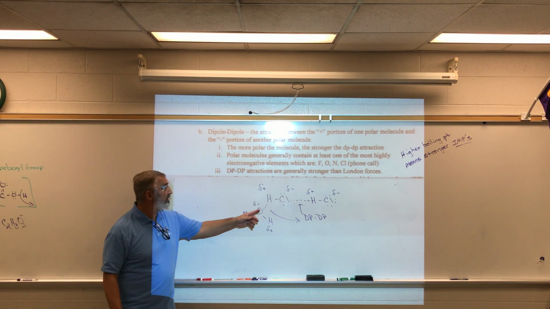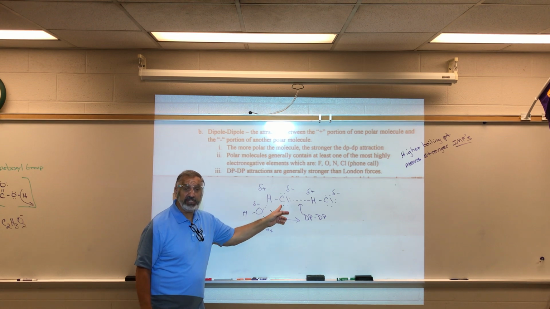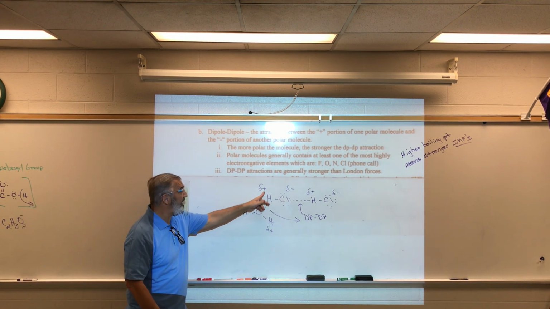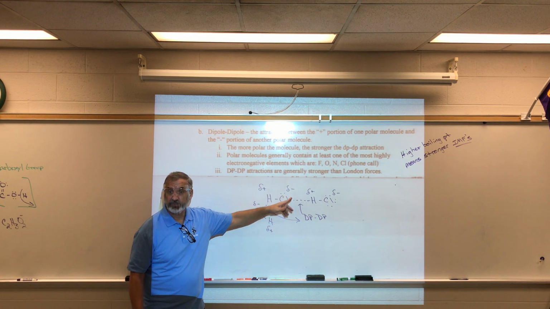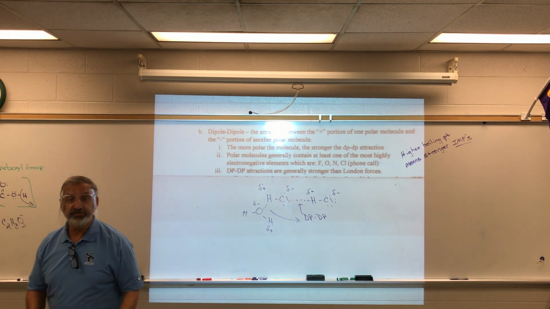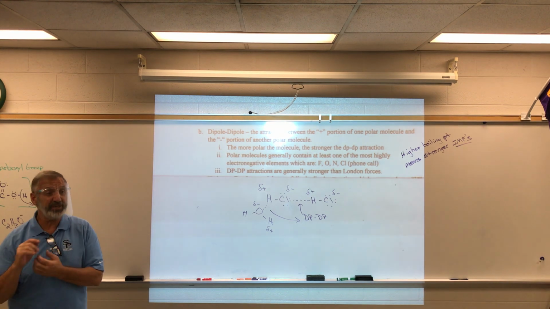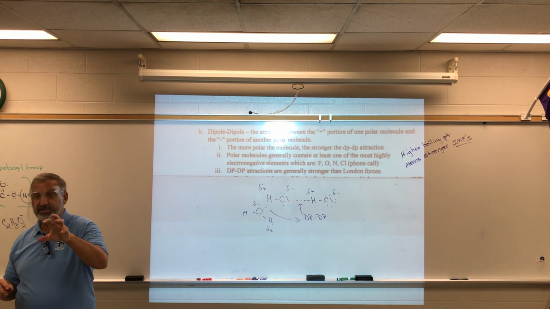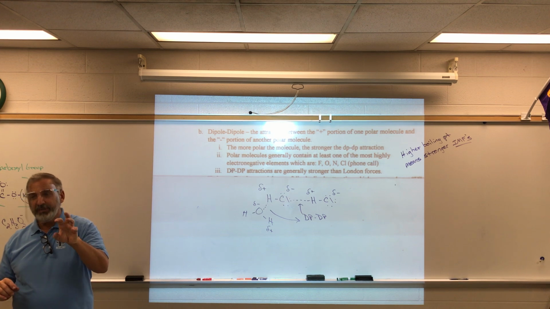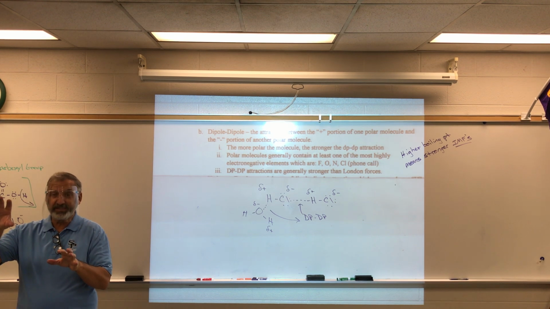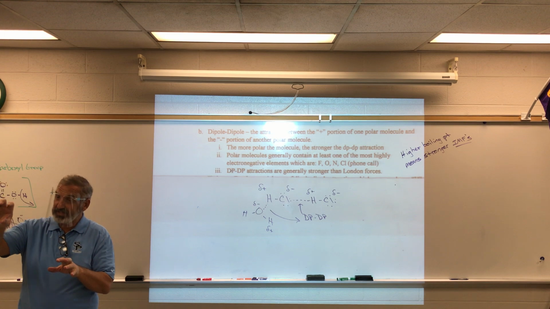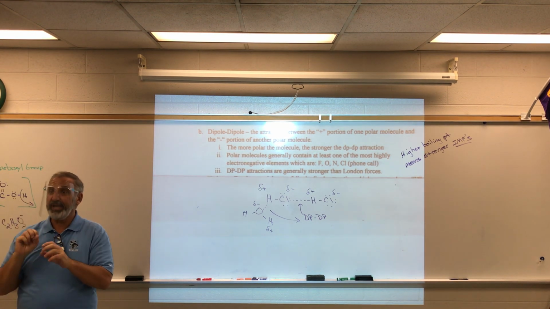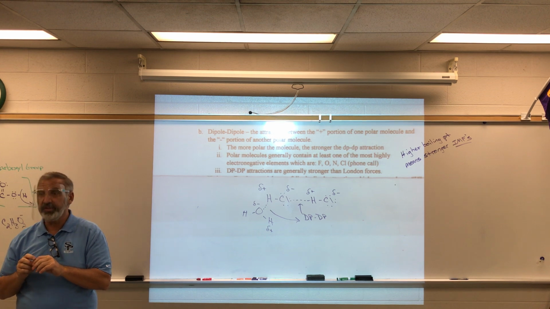Obviously, the more polar it is, the bigger the difference in electronegativity, the greater the percent ionic character, which means the positive and negative are going to be stronger. So, polar molecules vary in strength. Just like magnets. You got magnets on your refrigerator at home? You got the cheap ones that you can maybe hold a picture on, but if you want to hang a calendar or something that's a little bit heavier, the cheap ones just kind of slide down the refrigerator, but then you got to find that Mac Daddy magnet that will hold the heavier thing on there.